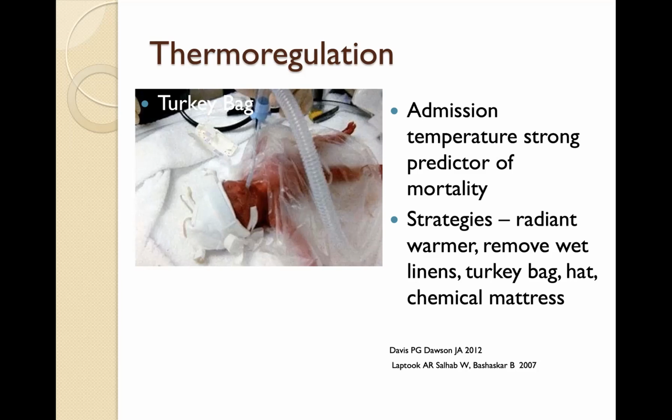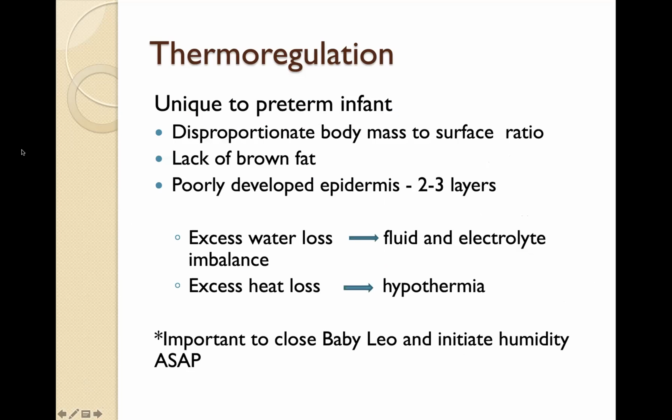And obviously, admission temperature is a very strong predictor of mortality. And that's another reason I know that you guys are very diligent when you bring that baby up, and you're very proud when that first initial temperature is 98.6. And then we put them on the radiant warmer, and we do our line placement, and then we sometimes watch that temperature plummet. But anyway, that's something that we're working on.